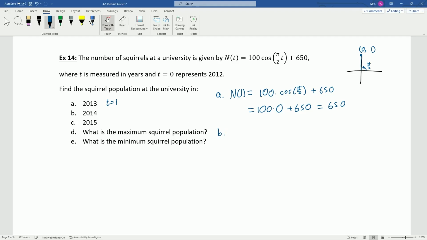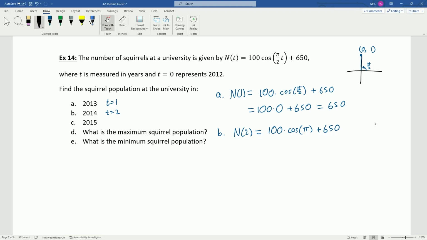Now for part B, 2014, that's going to be the second year after 2012. So when we go to evaluate n of 2, we get 100 times cosine of pi over 2 times 2 is just pi plus 650.